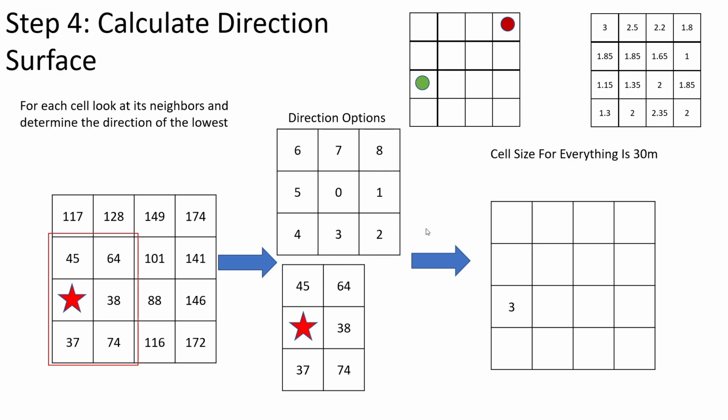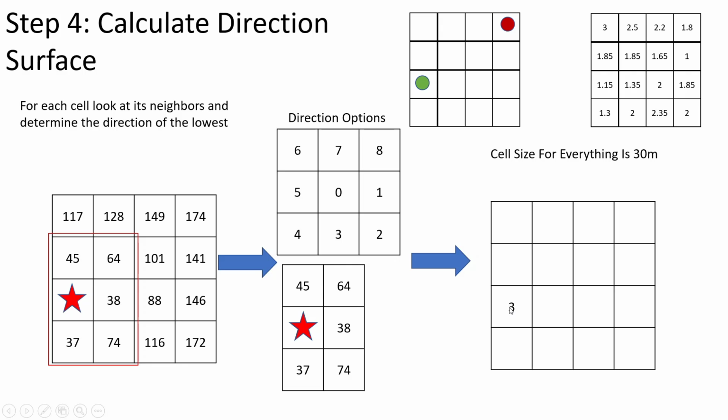So, if we are here, our lowest possible valued neighbor exists down. This 37 here, this is our lowest possible neighbor. Of all of the neighboring options that we have, this is our lowest neighbor. We get to our lowest neighbor by going straight down. Therefore, in our output, we would have a value of 3.